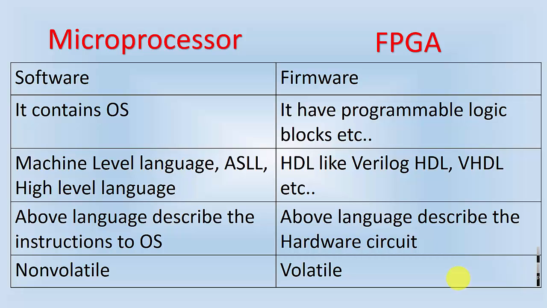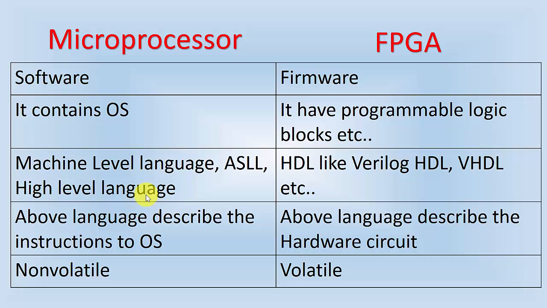In an FPGA, we prefer HDL and VHDL languages. HDL means hardware description language. In a microprocessor, the language provides instructions to the OS to do our task.